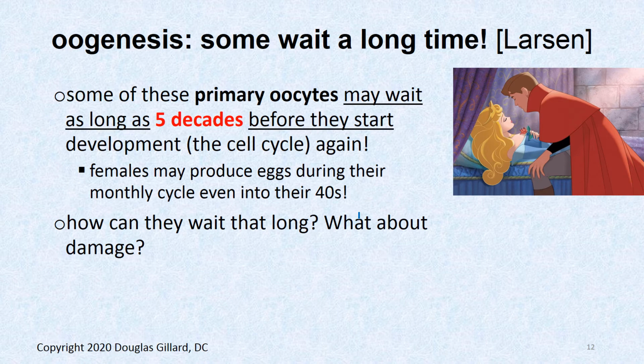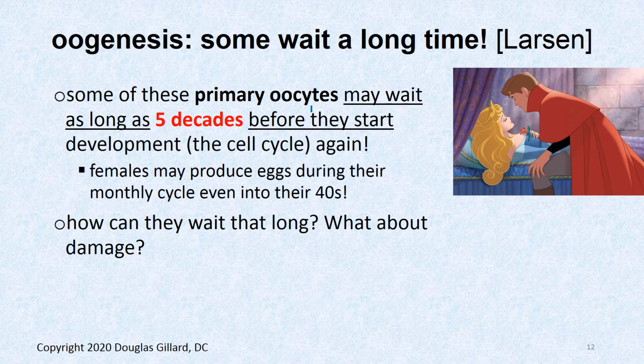All right, just a note here, everybody. I don't know, do you guys still know the story of Sleeping Beauty? Sleeping Beauty, she was awoken by a kiss from her prince. But the point of this slide is that some of these primary oocytes are stuck in prophase 1 for 5 decades, right? A handful of the primary oocytes wake up each month during the female's menstrual cycle.